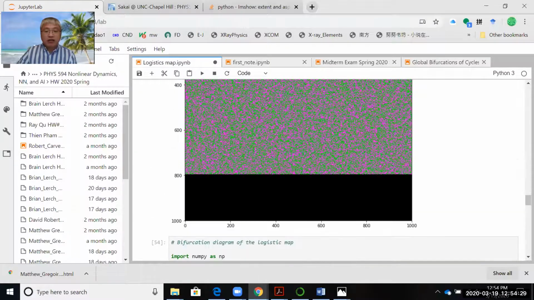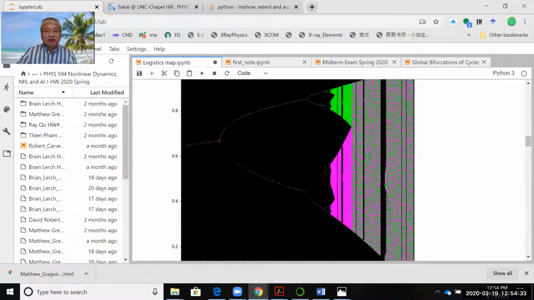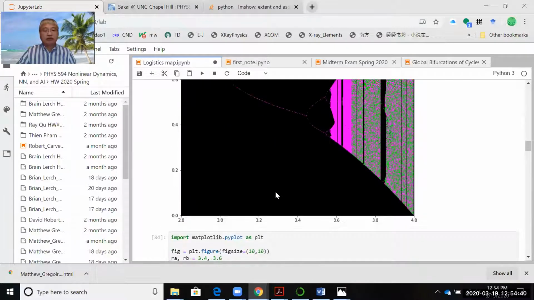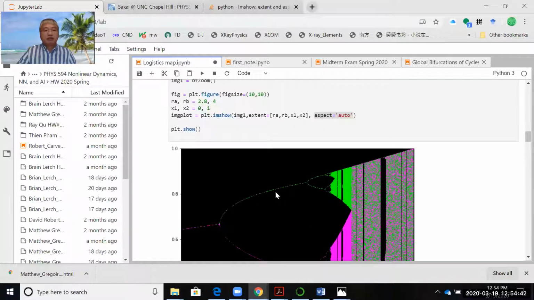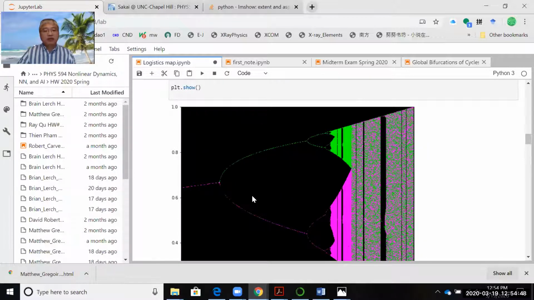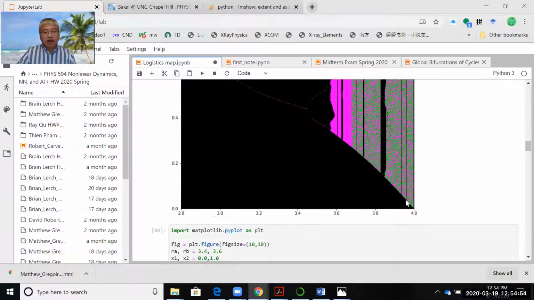So if we now look at what we call a bifurcation diagram, which in the book is called an orbit diagram, what we're showing here is the fixed point as a function of the r value.